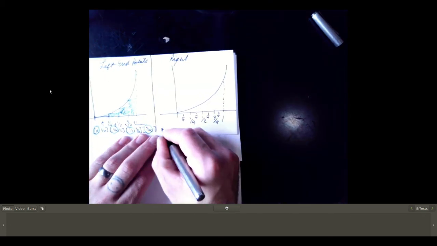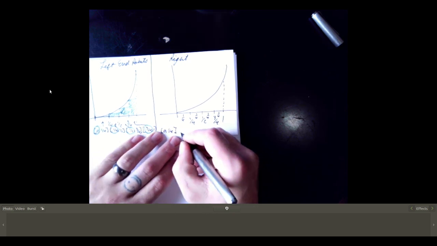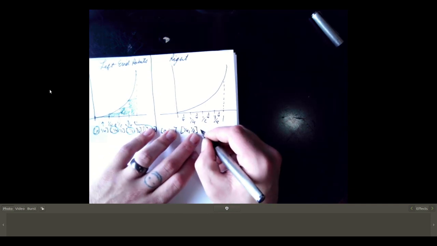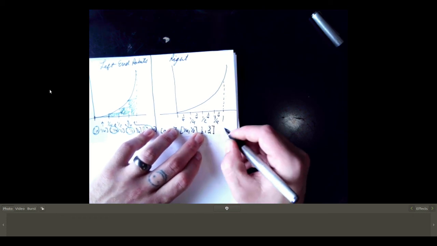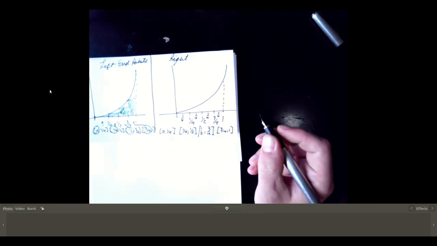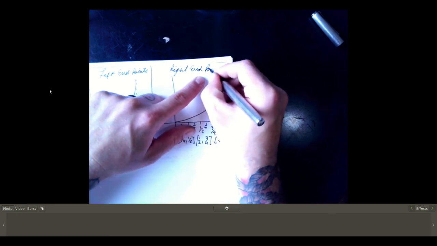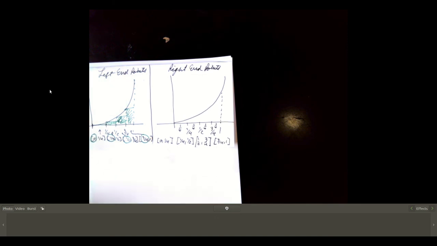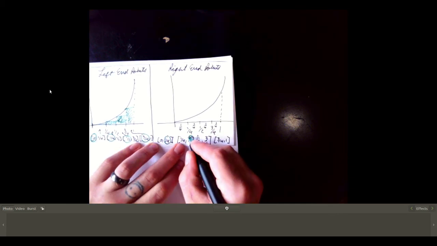This first section is the interval from 0 to 1/4. Then we have the interval from 1/4 to 1/2. Then we have the interval 1/2 to 3/4. Then we have the interval from 3/4 to 1. Since we're going to do our right endpoints, that means we're going to get the heights of our rectangles from these right endpoints.